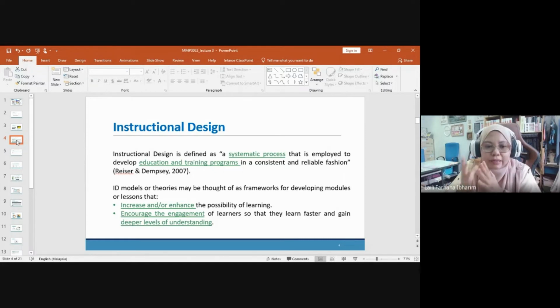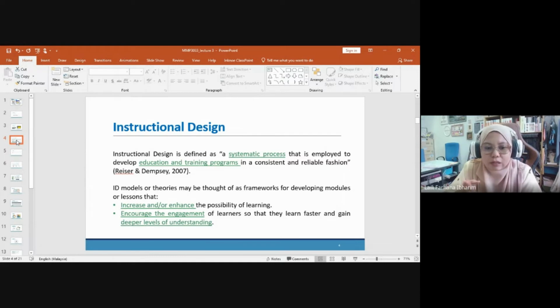So ID models, or instructional design models or theories, may be taught as a framework for developing modules or lessons. First is to increase and enhance the possibility of learning. Of course, we want to make our class better than before, so we have to integrate some of the ID models.